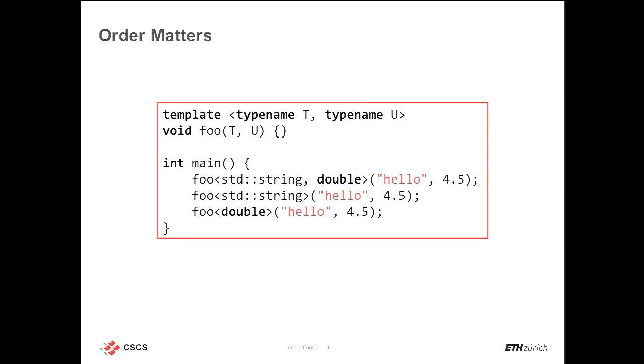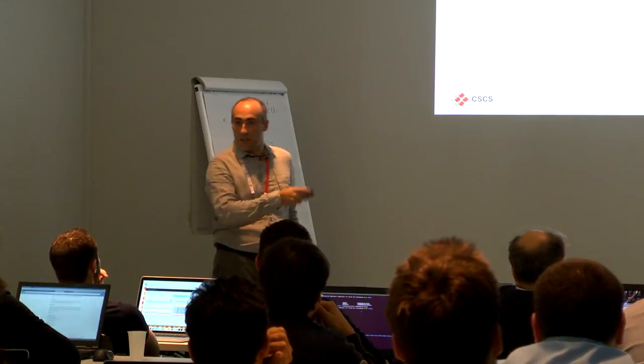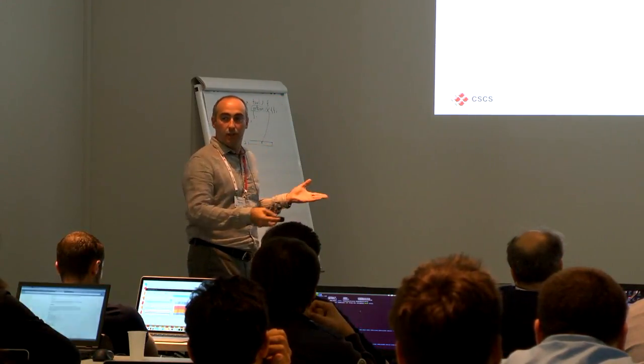Order matters. Well, if I have a function that takes two arguments. By the way, anyone surprised by this, by foo having T and U without variable names? In C++, you can simply put the signature there with the types.